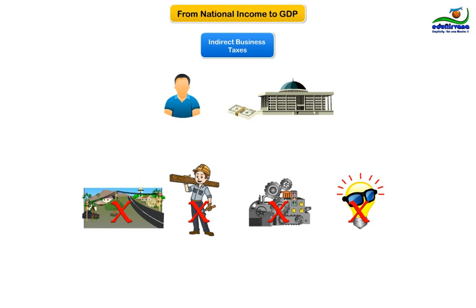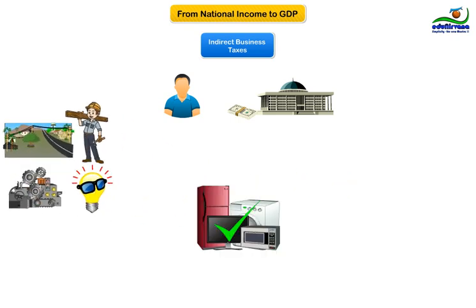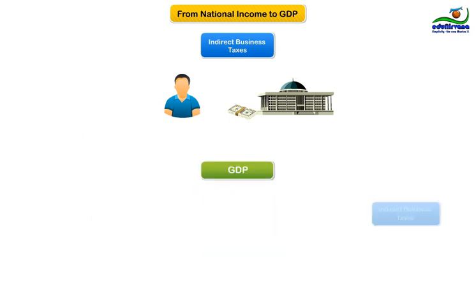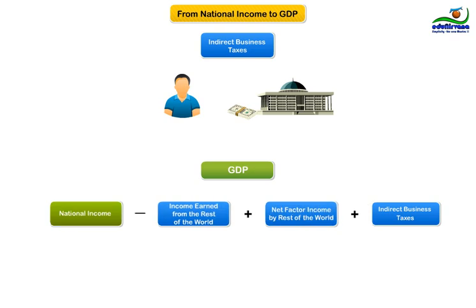These indirect taxes are included in purchases of goods and services. You pay a sales tax when you buy most goods, and so they are included when the expenditure approach is used to compute GDP. Therefore, we must add indirect business taxes to national income.